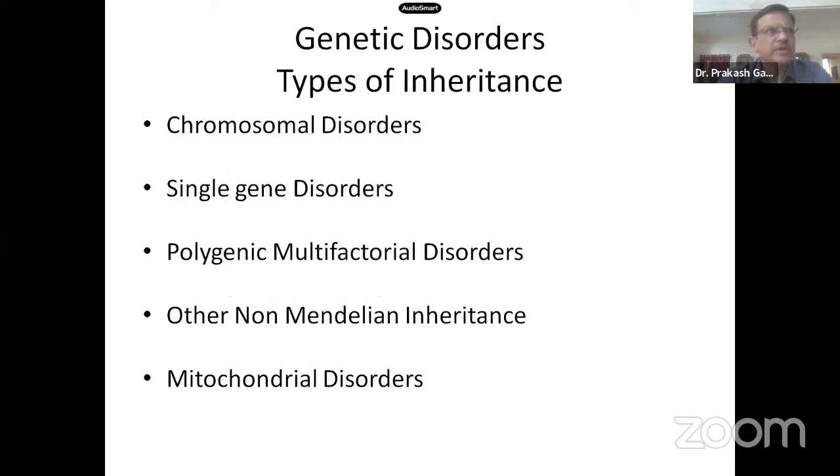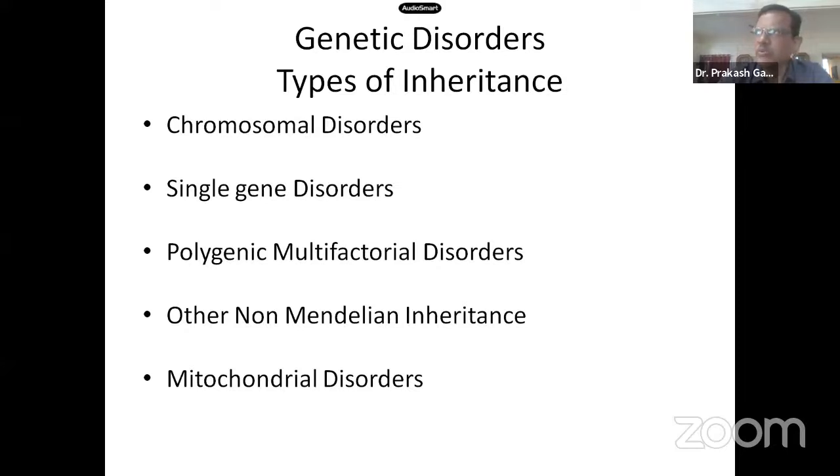So genetic disorders have different types of inheritance. This all of us know. Our human body is made up of cells which have 23 pairs of chromosomes, out of which 2 are sex chromosomes and 22 are autosomal pairs.